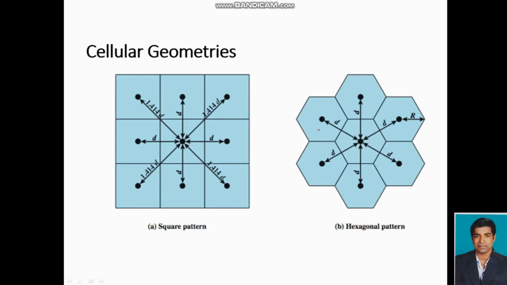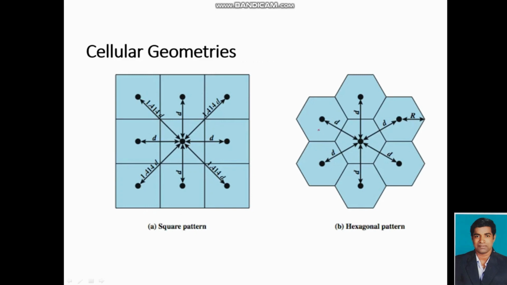Here the diagonal length is 1.414 d, that means root 2 times d, and the vertical and horizontal distance is only d. So here distance varies in the diagonal portion. That is why we are going into the hexagonal pattern.